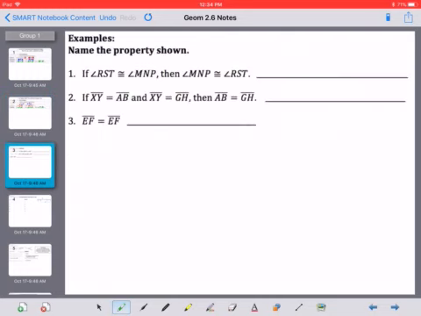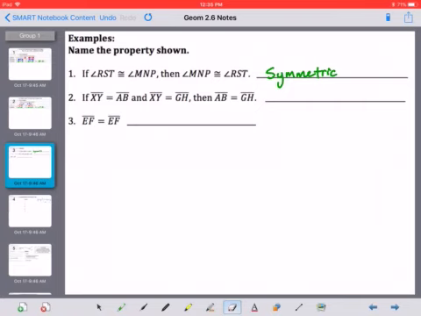Example 1 tells us if angle RST is congruent to angle MNP, then angle MNP is congruent to angle RST. It looks like they just flipped the order, and remember, that's the symmetric property. Let's see what they did in number 2. If segment XY equals segment AB, and segment XY equals segment GH, then AB equals GH.